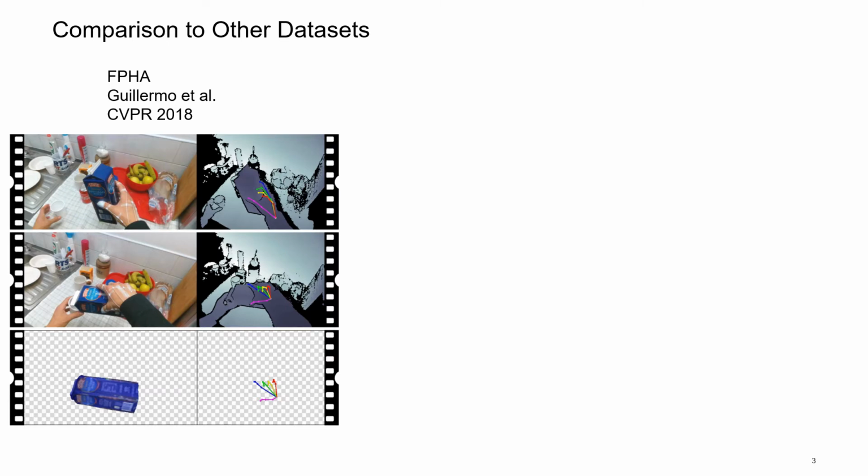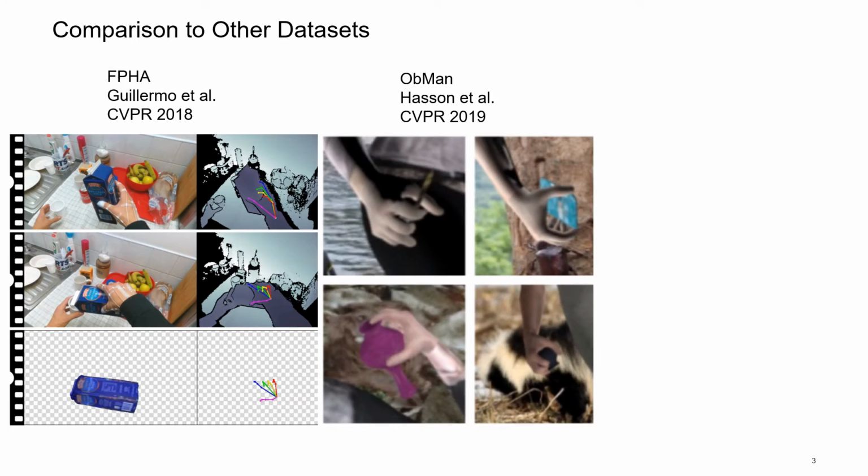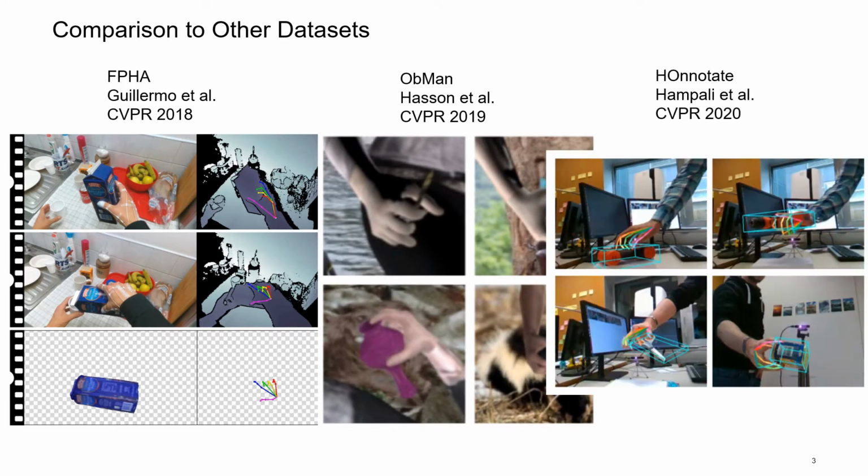The existing image-based datasets with 3D annotations for hand interaction either have markers in the region of interest, or are purely synthetic, or capture only one hand without an egocentric view and action labels.